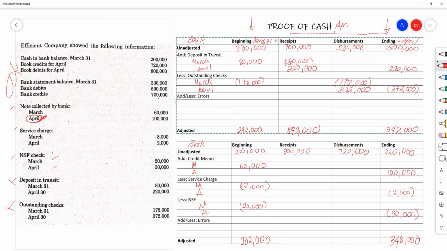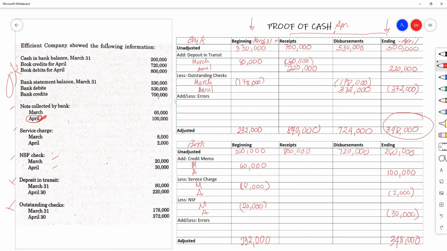So, our total disbursements is 724. Now, to check, dapat, itong beginning plus receipts minus disbursement, ito ang makukuha mo. So, try natin. 232 plus 840 minus 724, ang makukuha natin, 348.